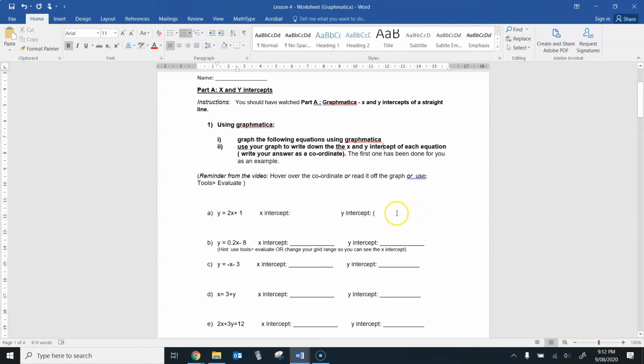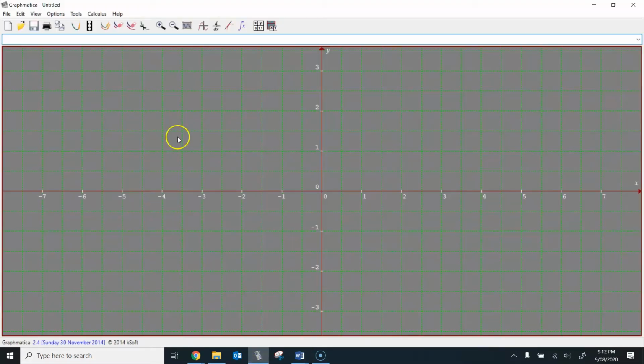You have a gap there to do that as a coordinate. So we're going to graph first y equals 2x plus 1. I'm going to open Graphmatica, type in y equals 2x plus 1, and I can see my straight line, and I can actually see where it cuts the x-axis and where it cuts the y-axis.